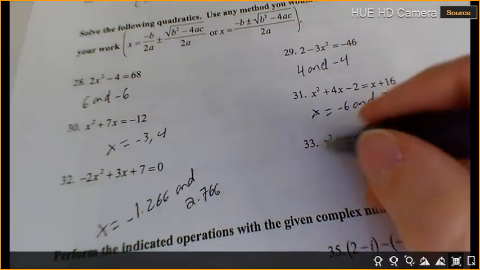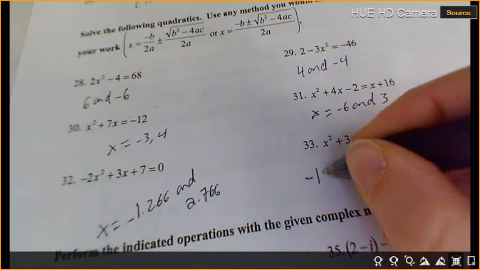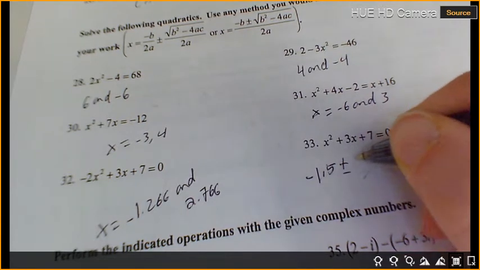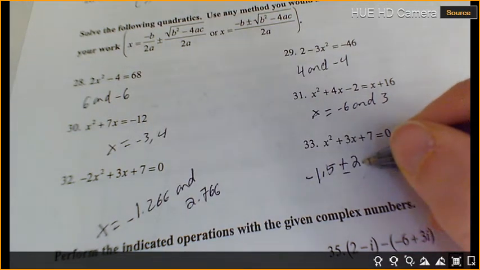And 33, I get negative 1.5 plus or minus 2.179i.